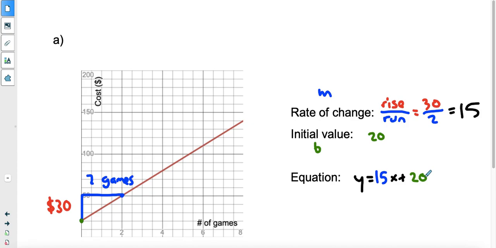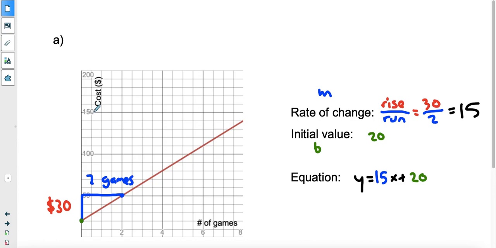Now, sometimes when people write the equation of a line, they might use different letters to represent x and y. So don't be alarmed if you see different letters used for x and y here. So we can see in this graph here, the y-axis, the y represents cost.